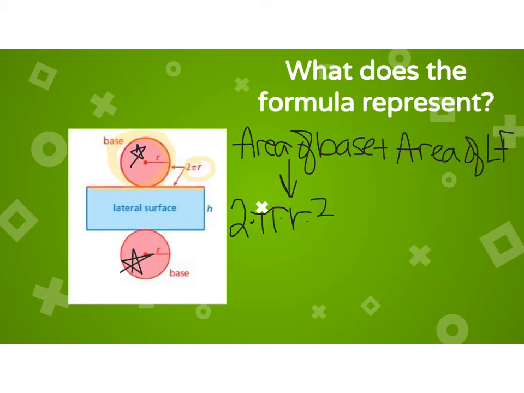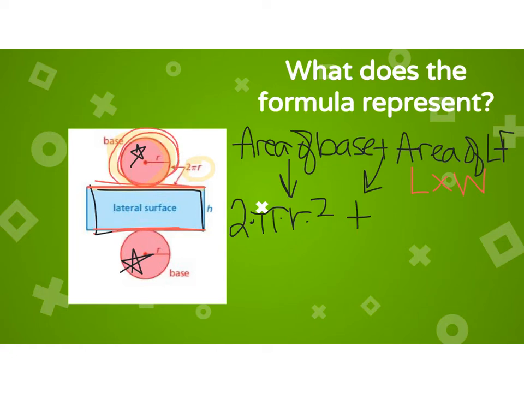And then when we add, we're just bringing that addition sign, the area of the lateral faces. The lateral face here is a rectangle. A rectangle is length times width. We know that. So if we look over here, the length of our rectangle is what actually would have surrounded the circle.